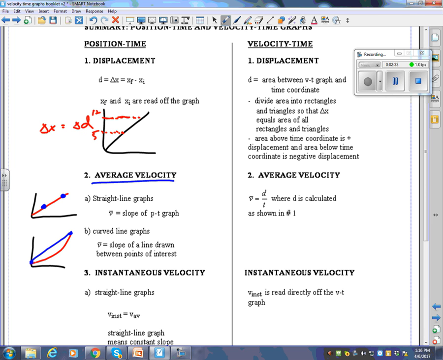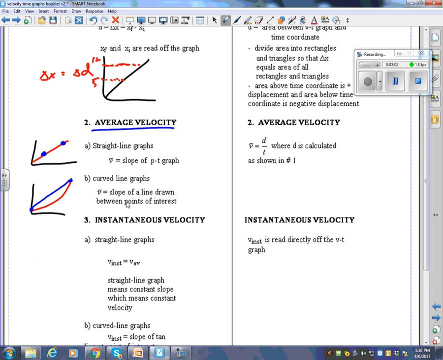This is a position time graph, not a velocity time graph. You just read the data points and subtract, not the slope. That wouldn't be the whole line. That would be the displacement between those 2 points.